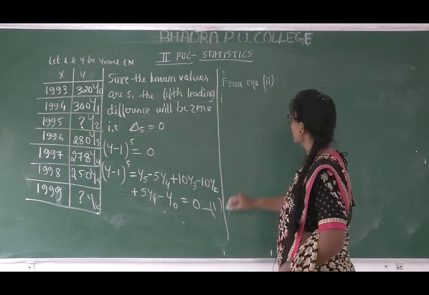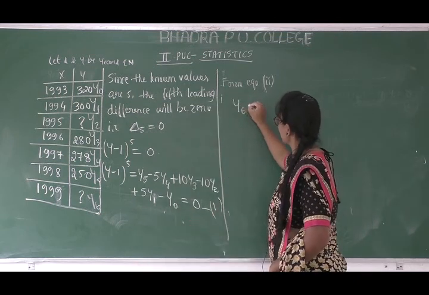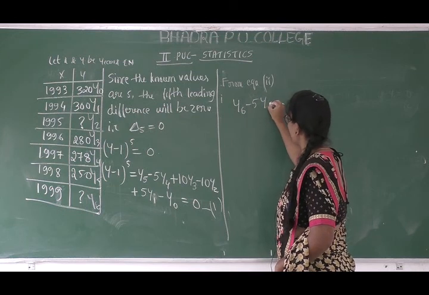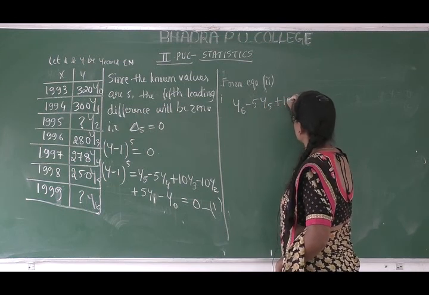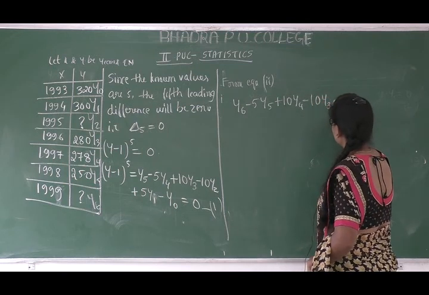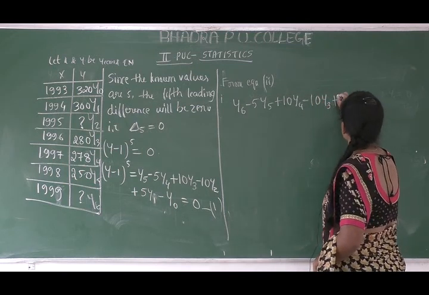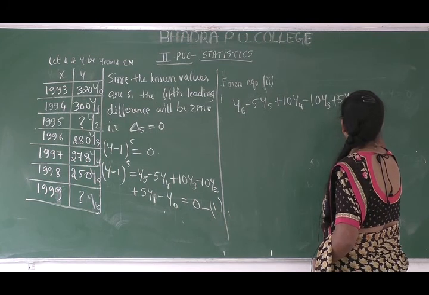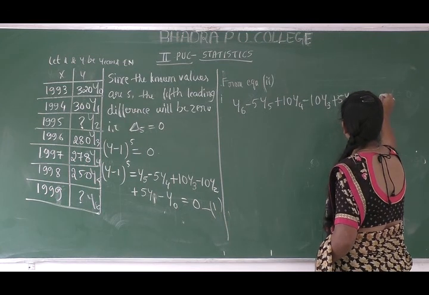The second equation is y6 minus 5y5 plus 10y4 minus 10y3 plus 5y2 minus y1 is equal to 0.